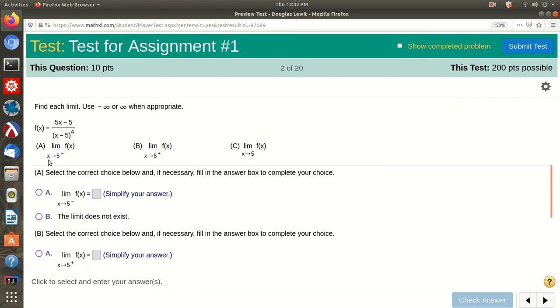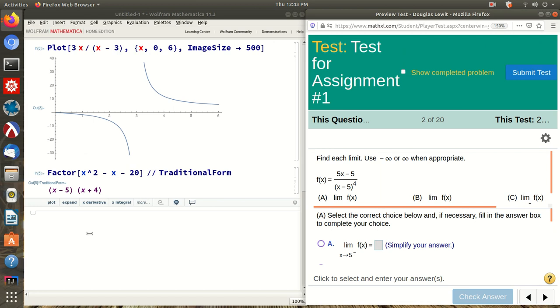What happens when x approaches 5 from the left side? What happens as x approaches 5 from the right side? And the last one is asking about the two-sided limit. So again, I think we need to see a graph.